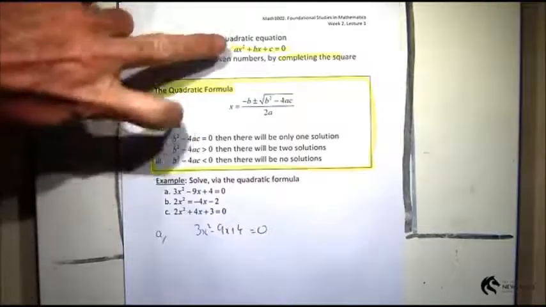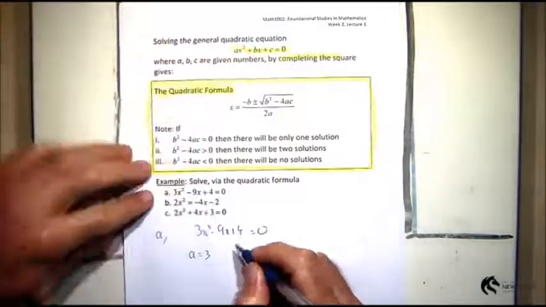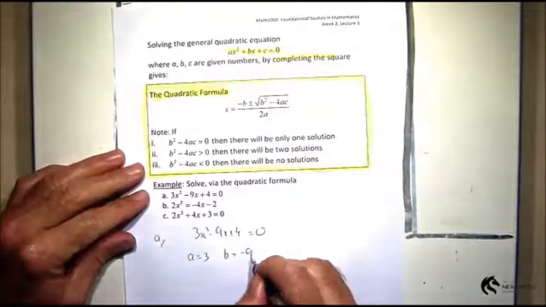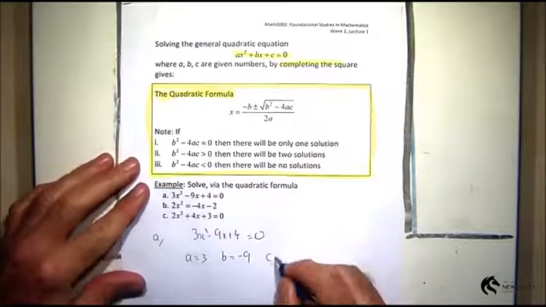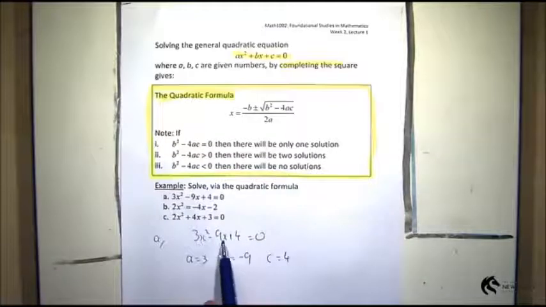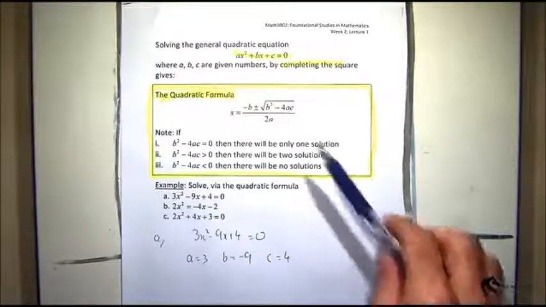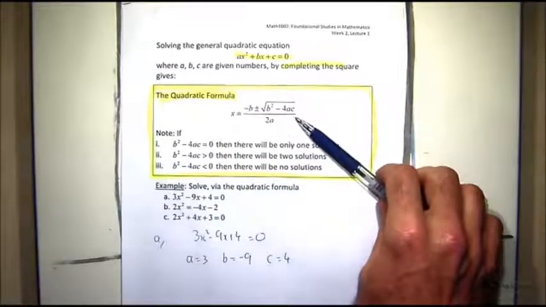So a is 3. b, in this case, is minus 9, and c is 4. ax squared plus bx plus c. Having identified the values for a, b and c, I then just substitute them into this formula here.